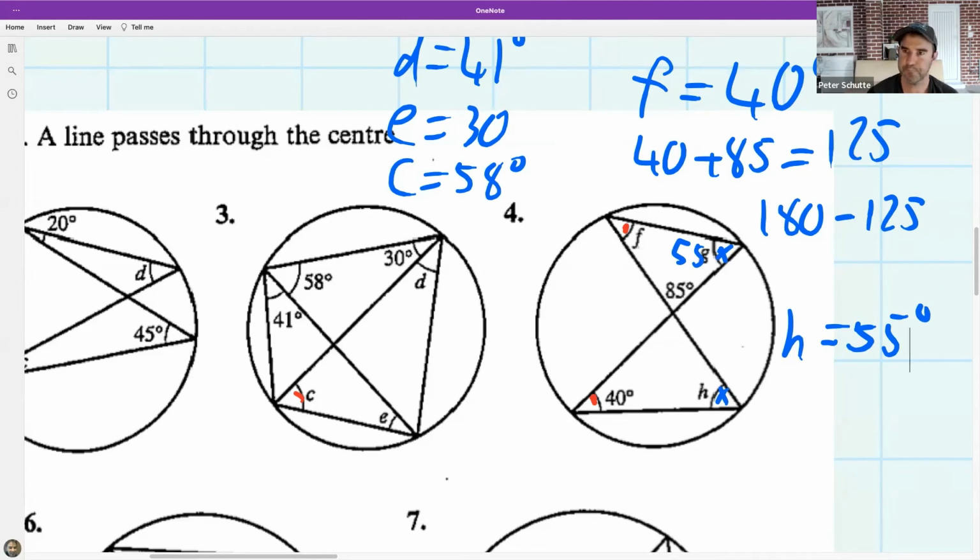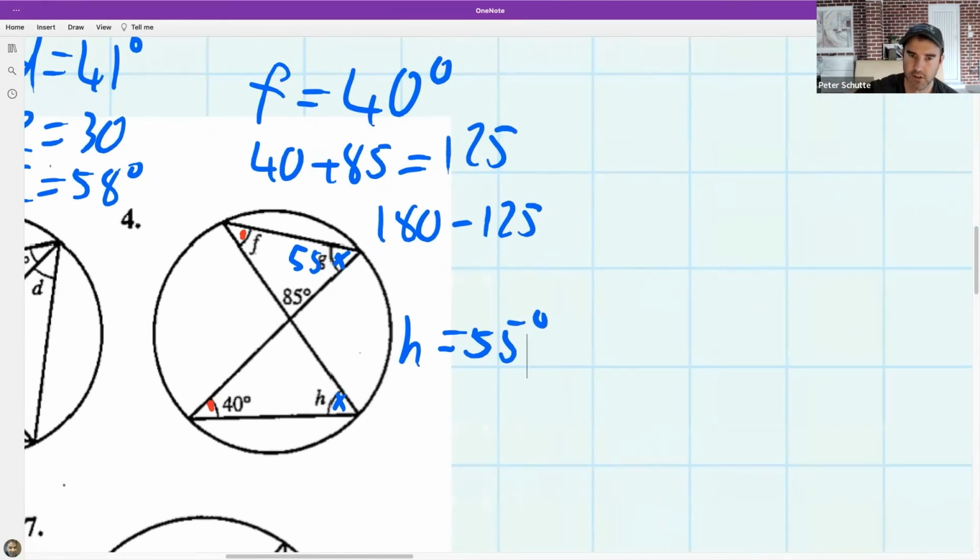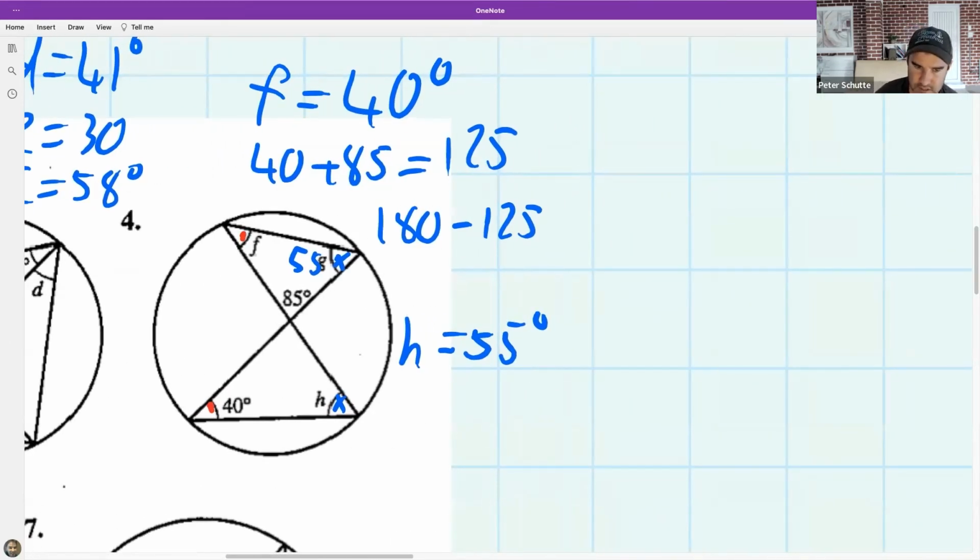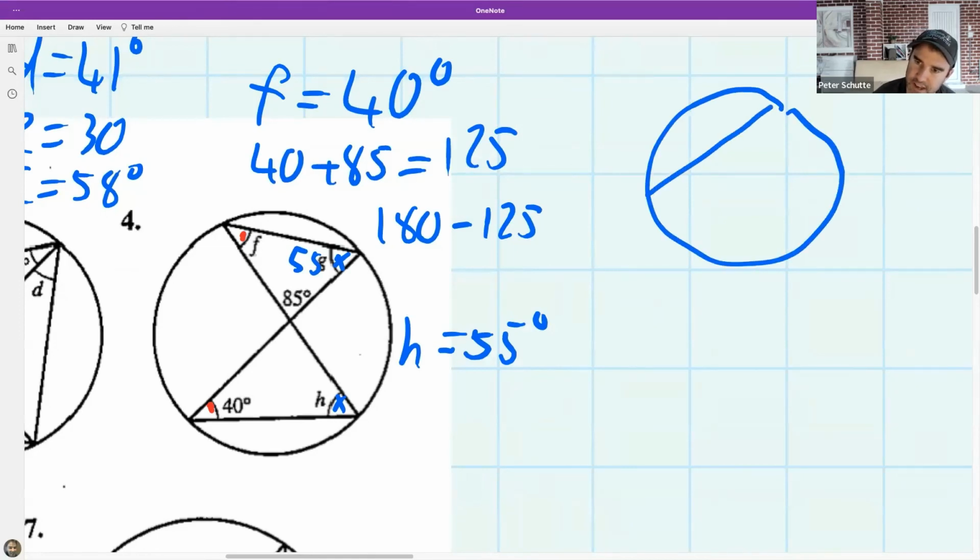Okay, guys, I don't want to do too much in any one day, and I know I'm really pushing you already. So I just want to sum up the main ideas from today. If I have a cyclic quad, there are pairs of opposite angles that have a relationship. So this one and that one.